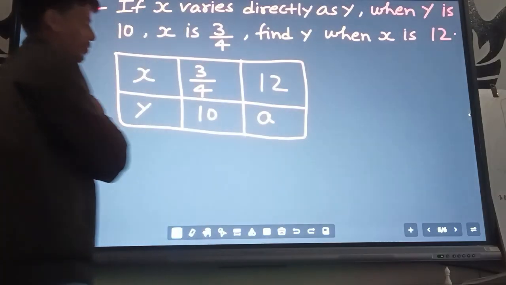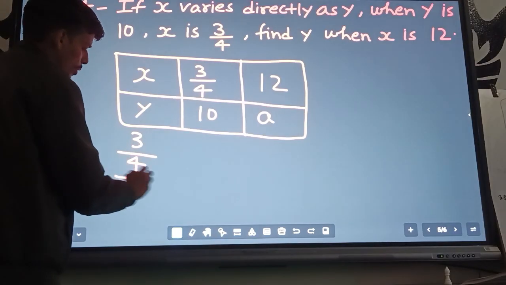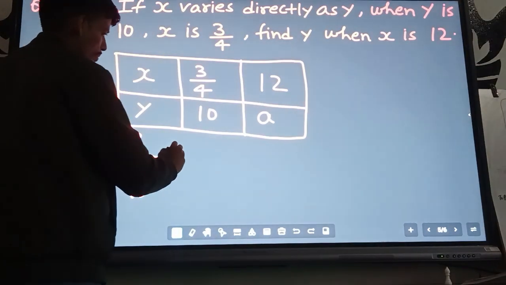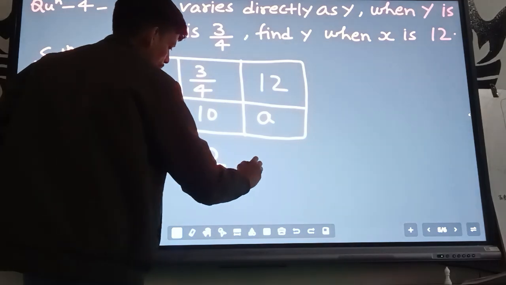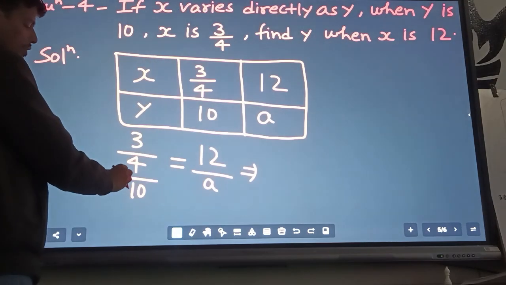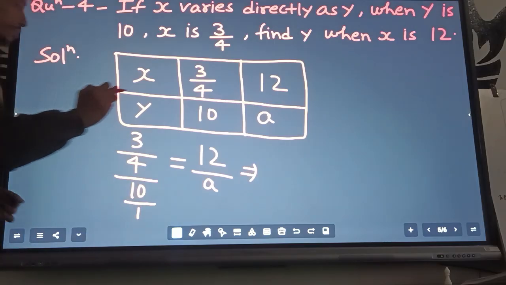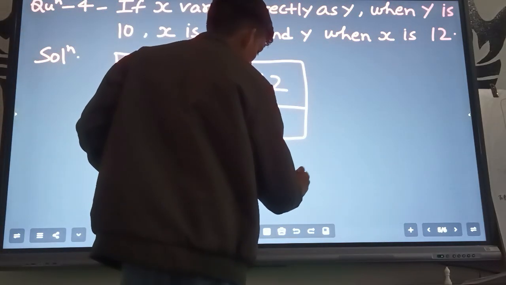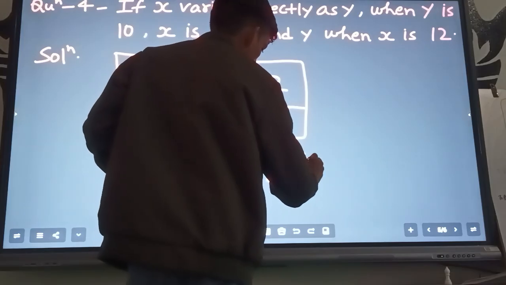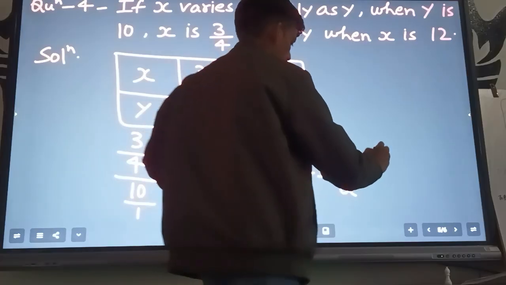We will write this as any value a. So 3 by 4 upon 10 equals 12 upon a. Now we will take here denominator 1. So 3 upon 4 into 10 equals 12 by a.